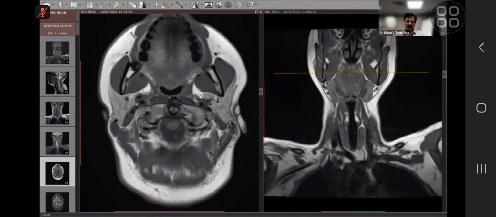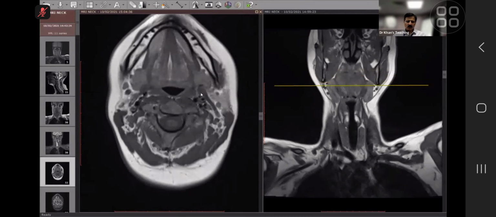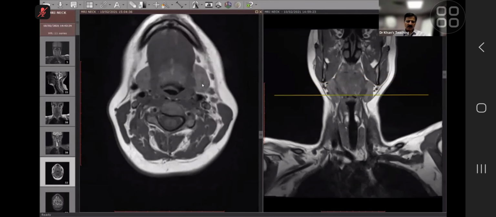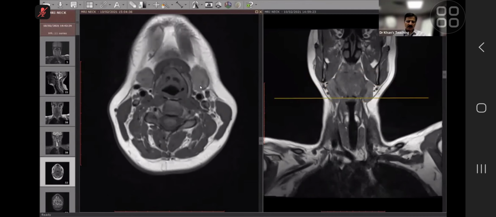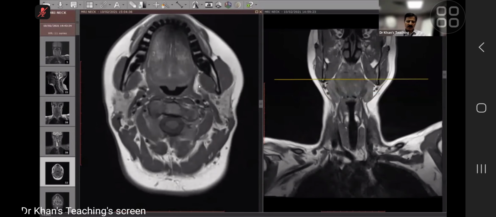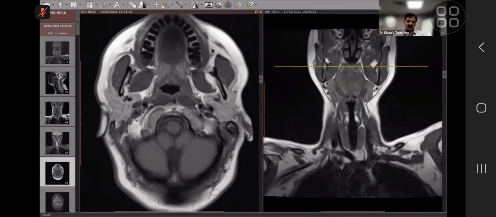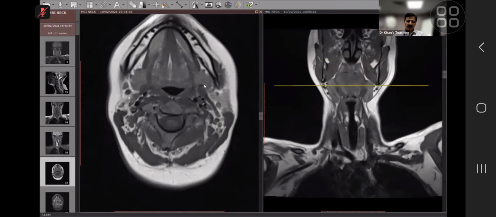Look at this fat, and let's trace it downwards. And as we go down, you can see that this is the submandibular gland. I'm going to trace it upward once again. And from here onward, it becomes better visualized. But down here, it becomes quite attenuated.